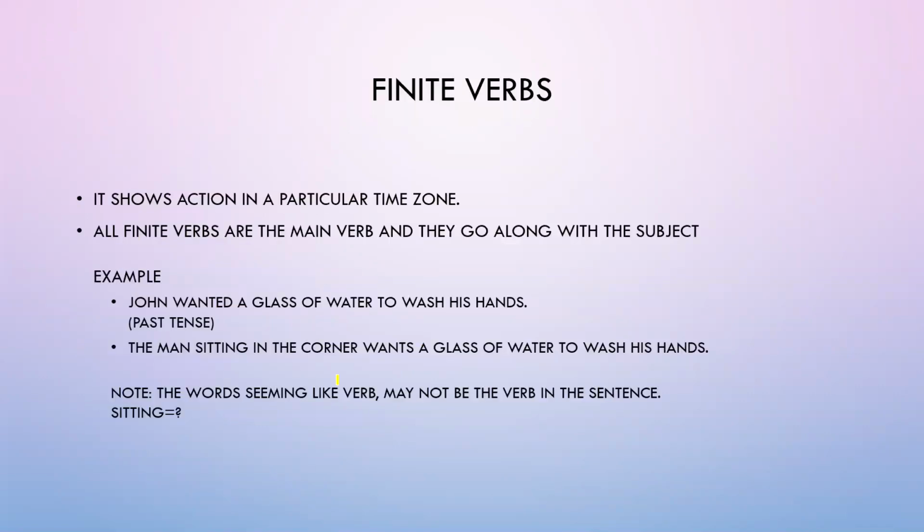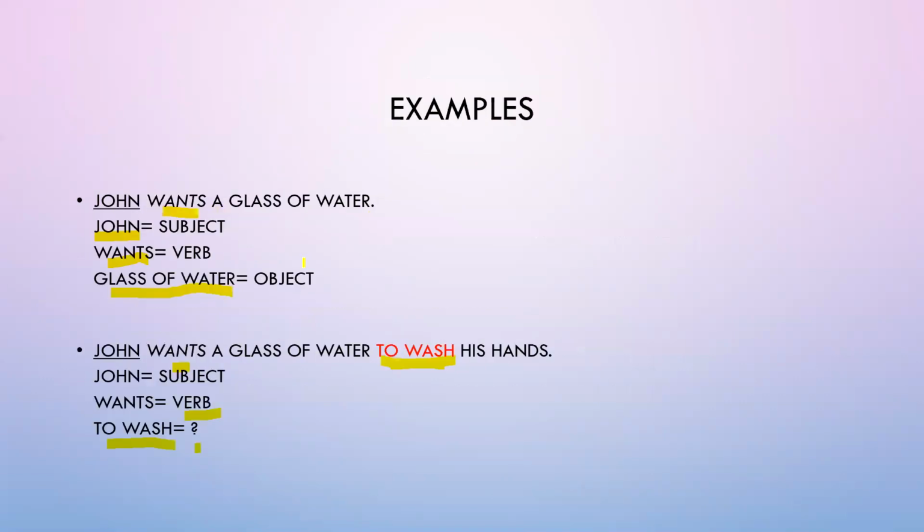Finite verbs show an action in a particular time zone. Time zone is basically the tense. After reading a particular sentence, you will come to know that this action was taken in the past, in the present, or will be taken in the future. We have to keep in mind that all finite verbs are the main verb, just like wants in the previous slide and in the second sentence.